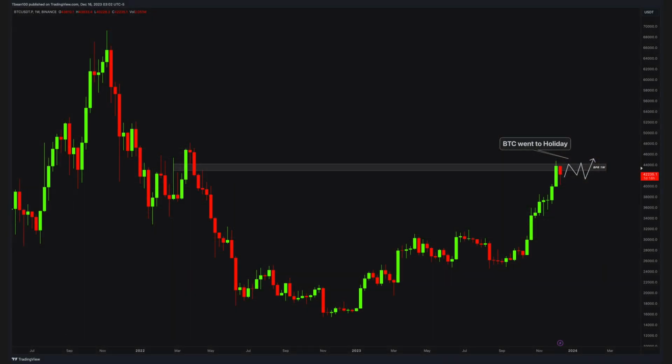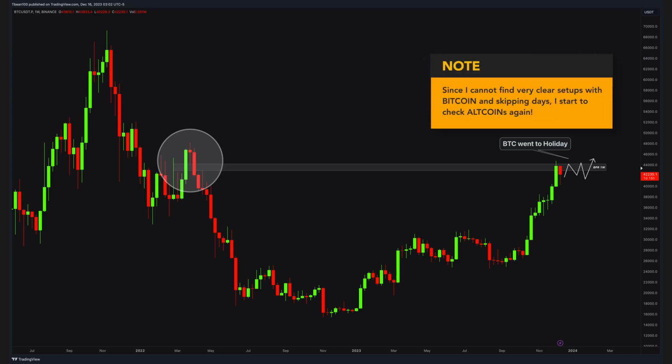Since we hit the BPR on weekly time frame, Bitcoin is stuck in the hanging mode. It is trying to range and accumulate orders for the next big move. All I can say is Bitcoin is on holiday right now. The bad thing is, as we are mostly day traders, it does not give those juicy and great trade setups.